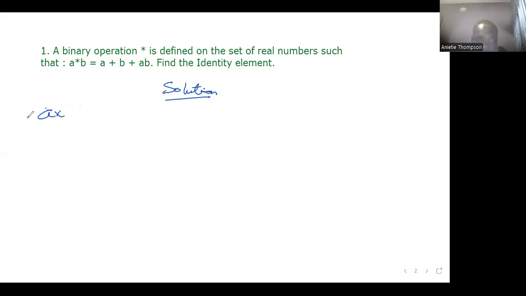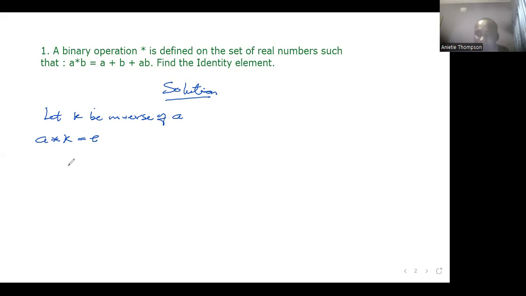Let's check. Let K be the inverse of A, so that A asterisk K should give me the identity element.